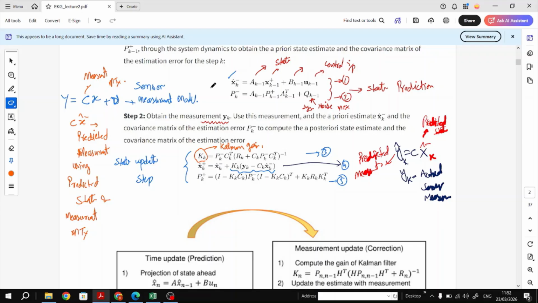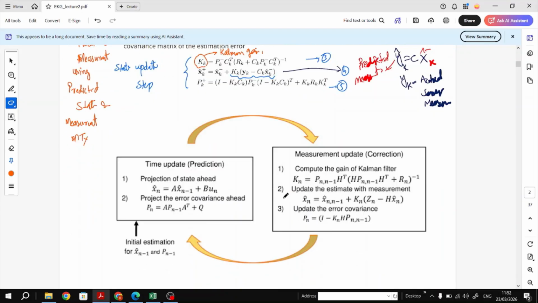So here is the summary, in the visual. Visually you can see these two equations and three equations. So this is the time prediction using the motion model, and then once we get the sensor measurement, we update your state, and then this loop continues as long as your sensor measurement is coming and your motion model is updating.